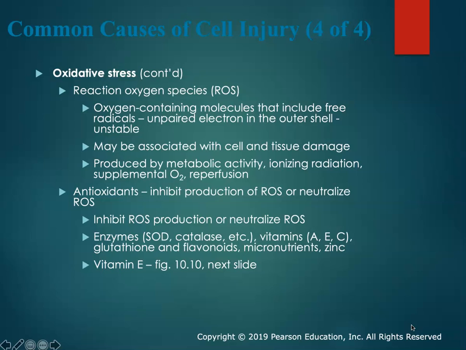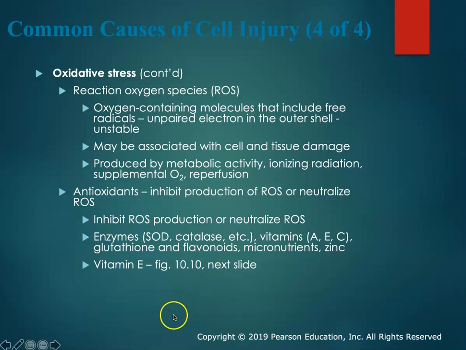Vitamins A, E, C, also micronutrients like zinc, things like flavonoids. All of these things that are mentioned here are going to act as antioxidants, and they are going to help neutralize these reactive oxygen species or just inhibit the production of them to begin with.